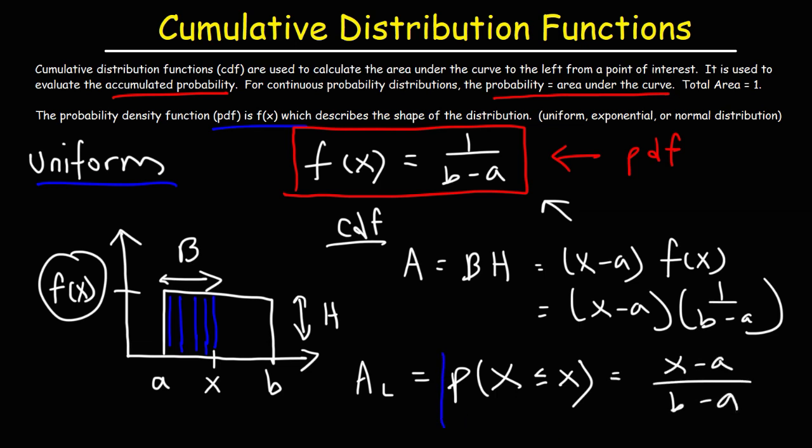So this function right here, highlighted in blue, this is the CDF. That is the cumulative distribution function for a uniform distribution. It gives us the area to the left of some value x. And the PDF is just f of x. For a uniform distribution, that's 1 over b minus a.